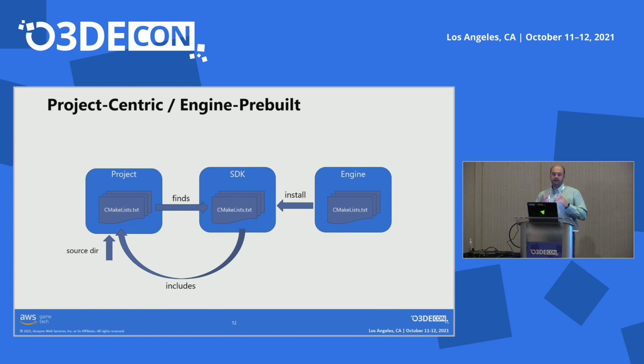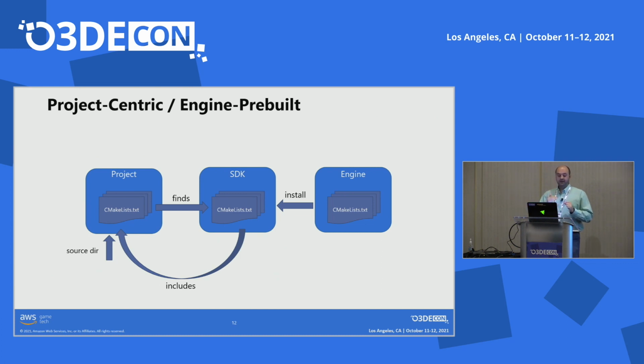We are generating a version of the engine that has CMake script files that look exactly the same as they were in the engine source, but instead of building, they are what CMake calls importing those targets. To give you an idea, in the engine source you will have the declaration of a static library saying, these are the CPP files that you're going to compile, with these include paths and these defines.